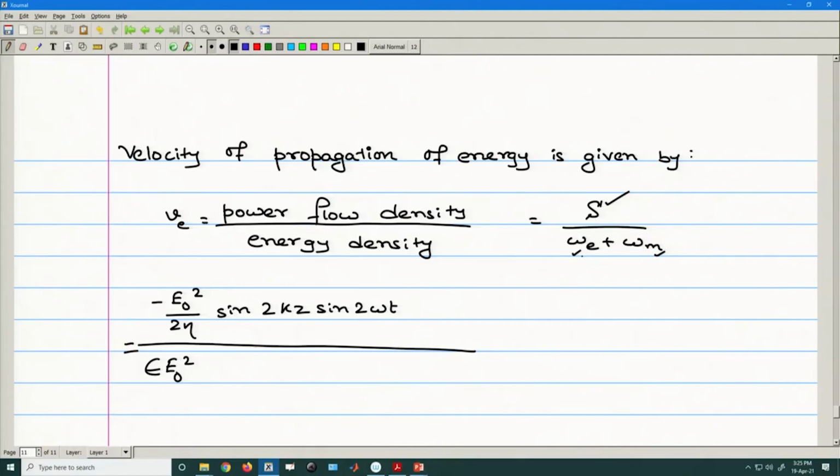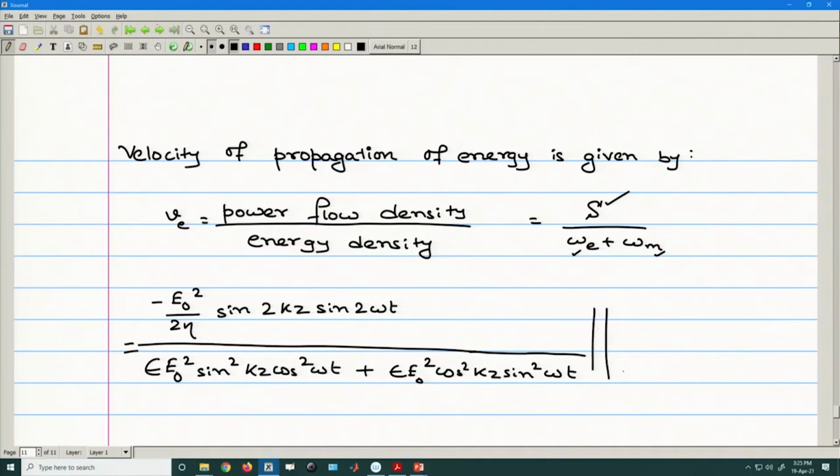WE we got epsilon E naught square sine square kz cos square omega t plus again epsilon E naught square cos square kz sine square omega t. So basically what we did, we substituted the value of S and WE and WM. Okay. Now we need to simplify this equation.